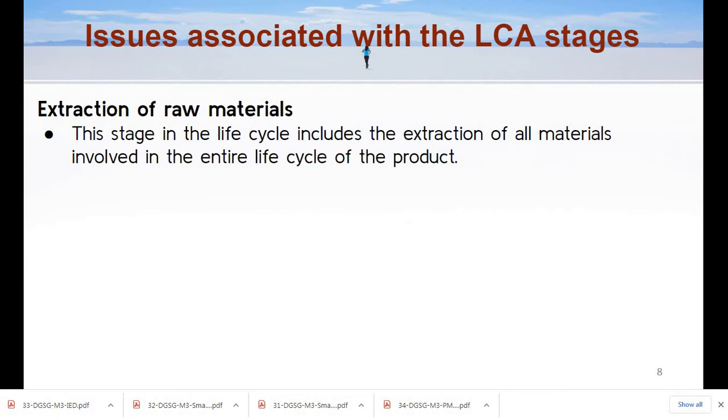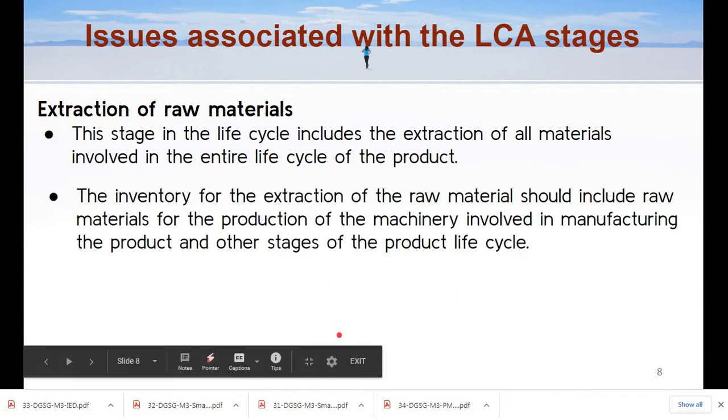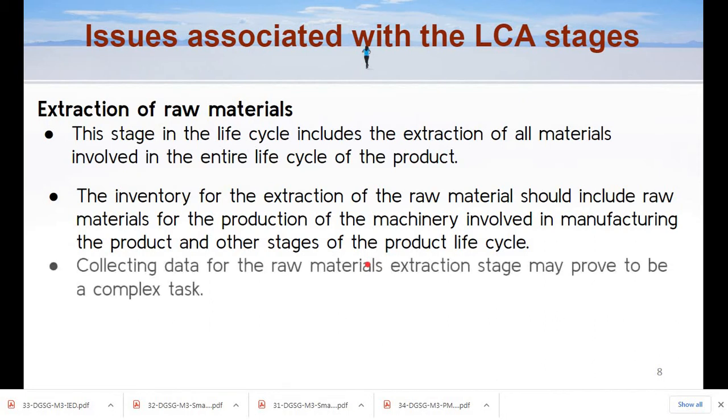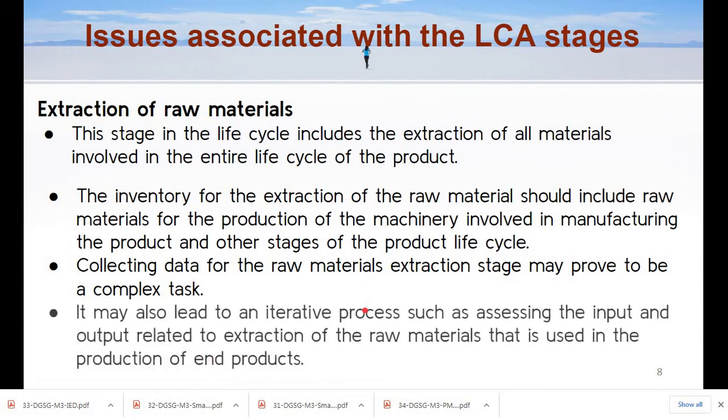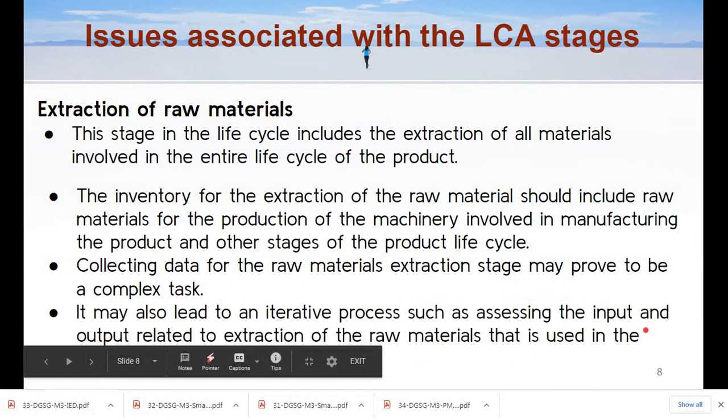So the various stages are extraction of the raw materials. So you have to keep an inventory of what are the different raw materials for the production of the machinery involved in the manufacturing of the product. Collect all possible data for the raw material extraction stage, but it is a very complex task.